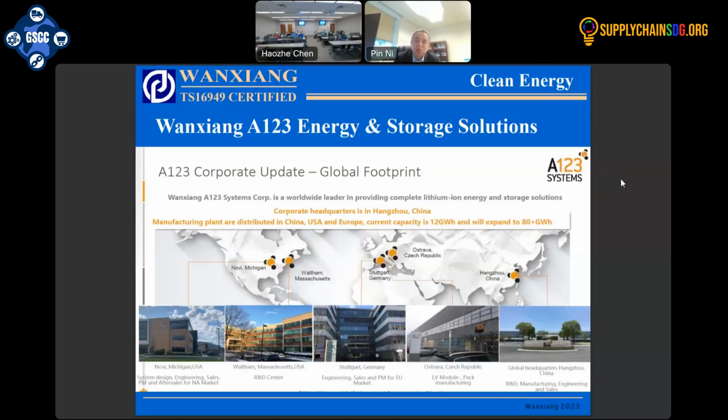But they were a little too early to come to the industry, so they couldn't survive. The company is called A123, and they still have the best name in the U.S. market for lithium-ion batteries. Now they still have an operation in Detroit as well as outside of Boston. And then we have a manufacturing facility in China as well as in Czech Republic, Germany, and other places. Next page.